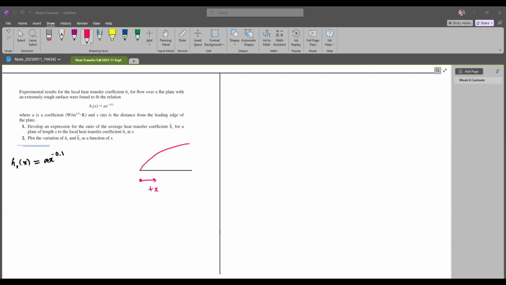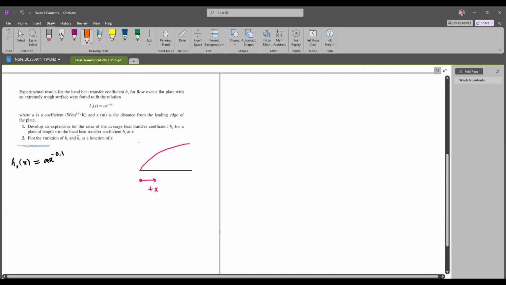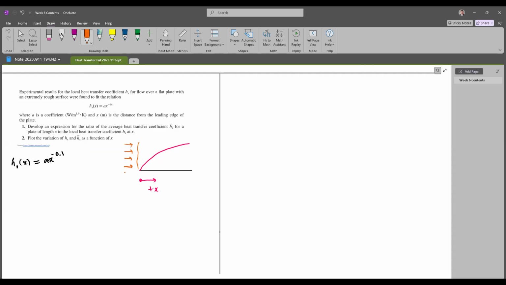Okay, so let's begin. So the fluid is entering with the velocity of u infinity, right? And this is the thermal boundary layer delta x as a function of x.